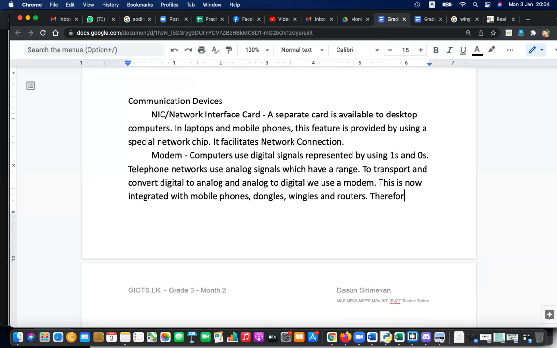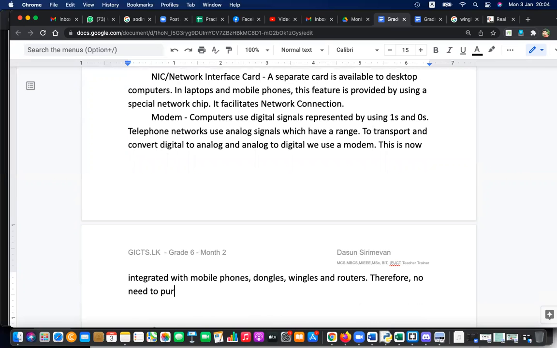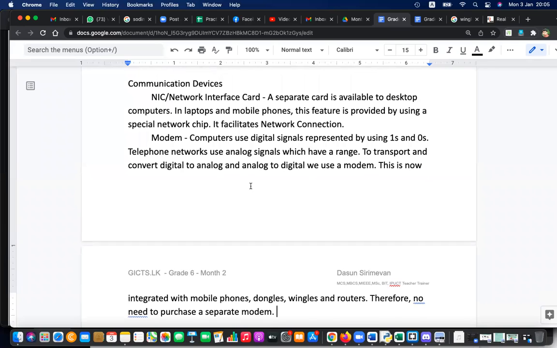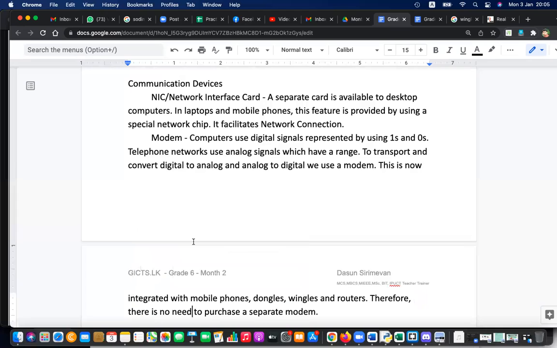Therefore, there is no need to purchase a separate modem, because it is integrated now. It is added. Therefore, there's no need to purchase a separate modem.